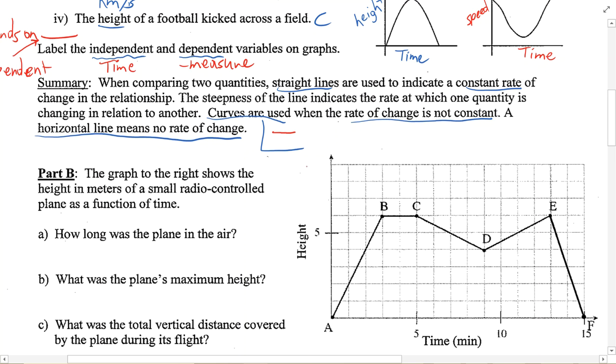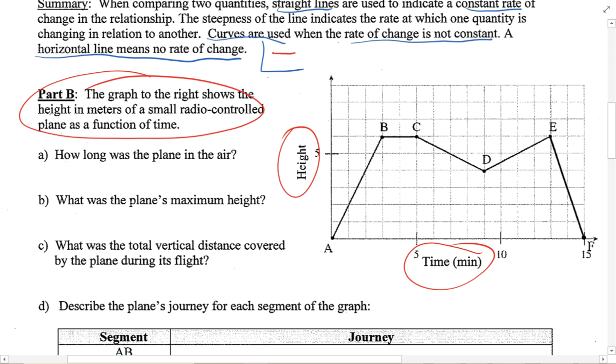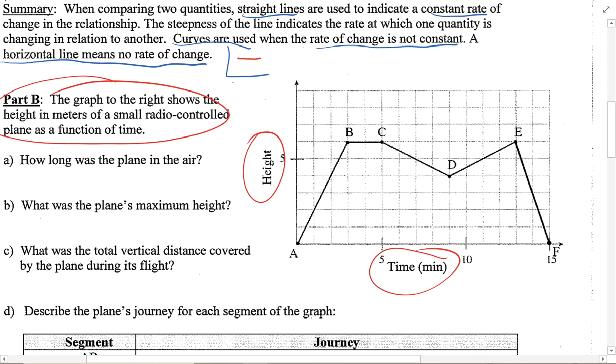Okay, good. Looking over here, we're going to read this graph. So things that you want to look at are its height, its time, and the description right here. It shows the height in meters of a small radio-controlled plane as a function of time. So this would be an airplane. Airplane's height over time.